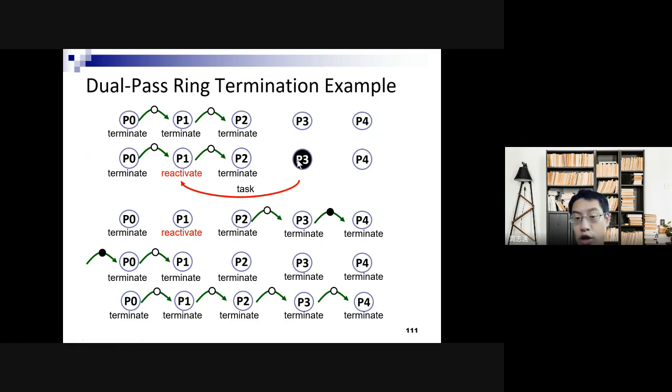We say it's a worst case because sometimes a backward message may not trigger a reactivation. For example, if P3 sends it to P2 before P2 receives the token, then this backward message will not generate reactivation. But we don't know for sure, so we consider the worst case and invalidate the token.